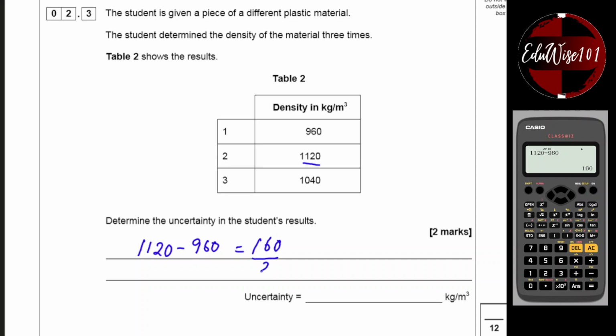Divide that by 2, it gives me 80. So the uncertainty is plus or minus. So if we find the mean, the mode or the middle point, the highest value is plus 80 or the lowest is minus 80. That's what our uncertainty is. So we don't have to write the plus or minus, but it's 80 kilogram per meter cube.